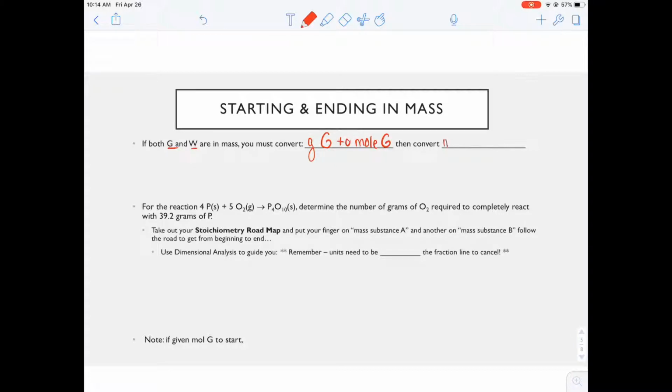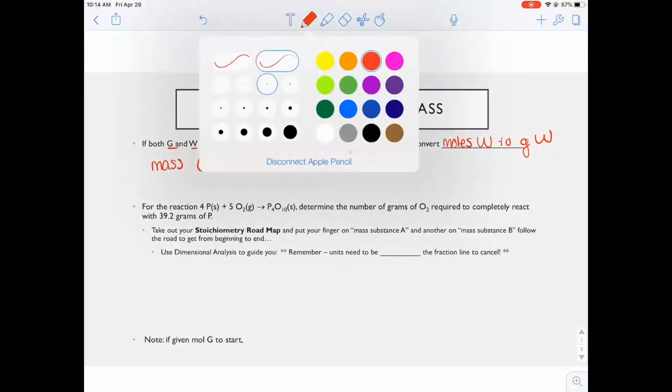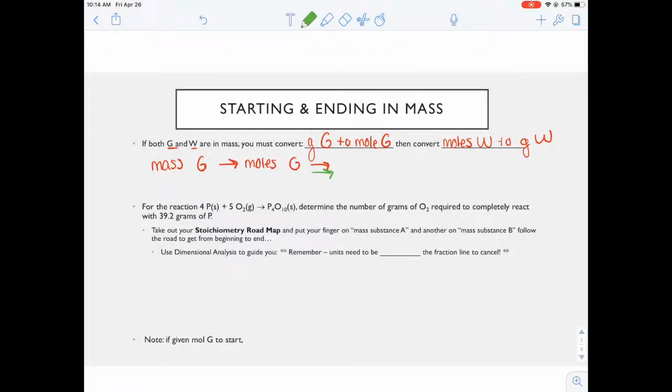Then we need to convert moles of the wanted, after we use the mole ratio, to grams of the wanted, which goes like this. Mass grams, or mass given, moles given. I'm going to switch colors because we're switching substances. Moles wanted, grams wanted, or mass.